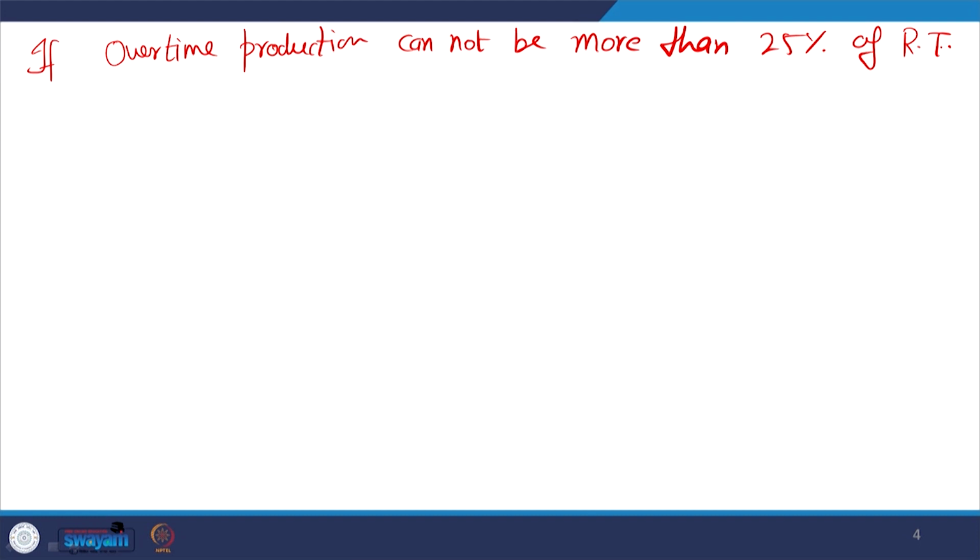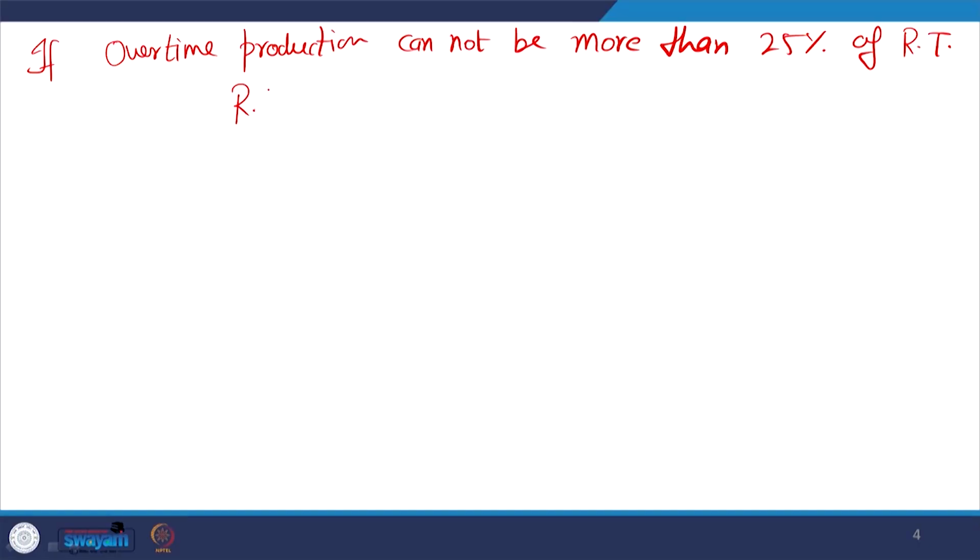It is quite possible that employees may behave in a manner that they do not work in regular time, but they work more in the overtime, because overtime remunerations are higher than the regular time. So, you may have such kind of policy that overtime production cannot be more than 25% of the regular time. Now, regular time production for 6 periods is R1 to R6.